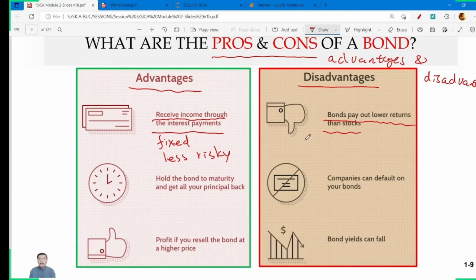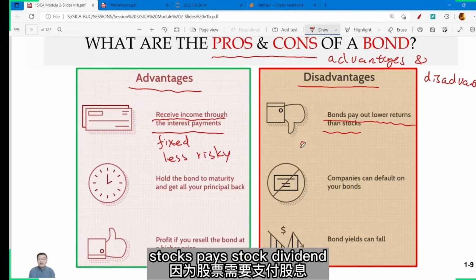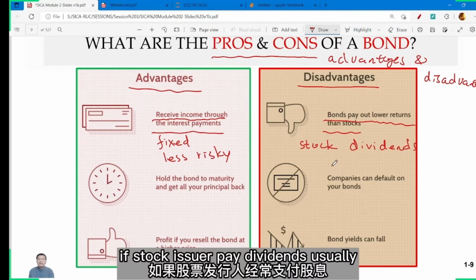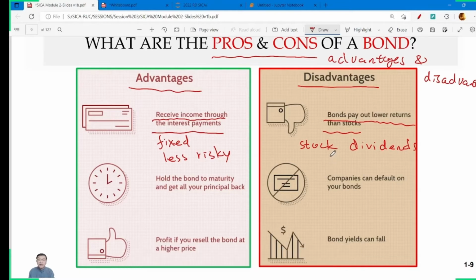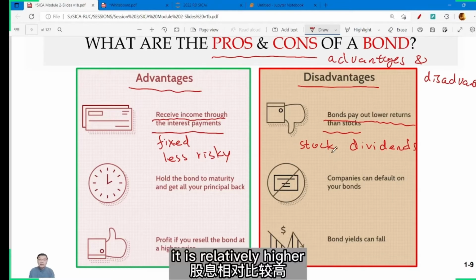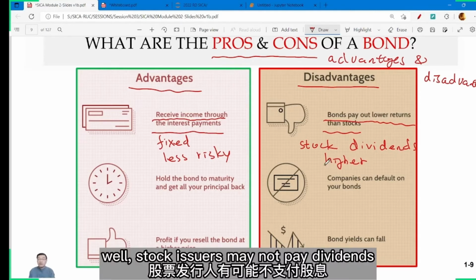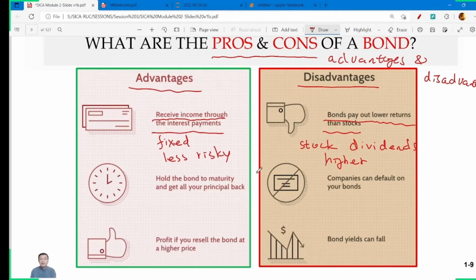Why? Stocks pay dividends. If a stock issuer pays dividends, usually it is relatively higher. However, stock issuers may not pay dividends.